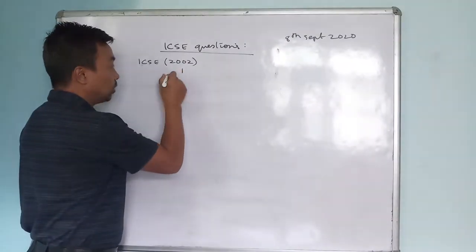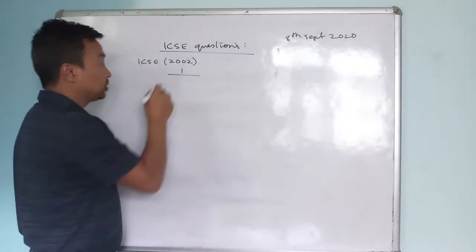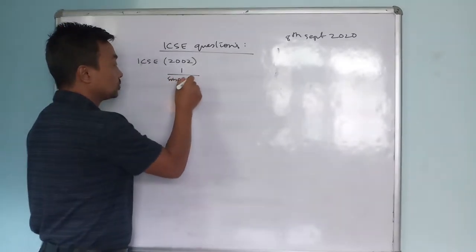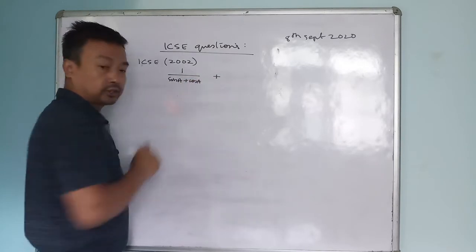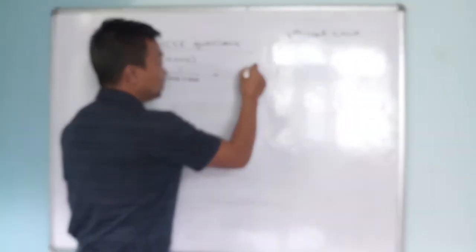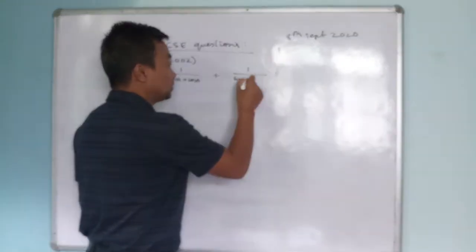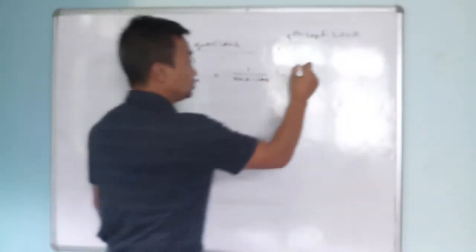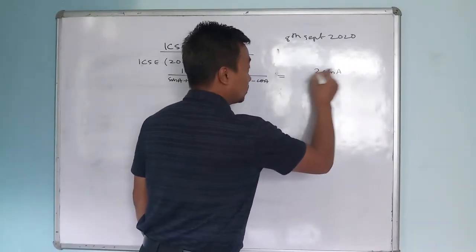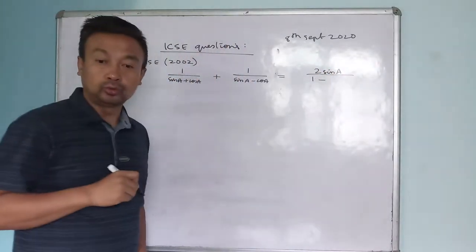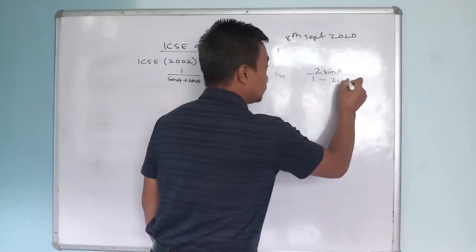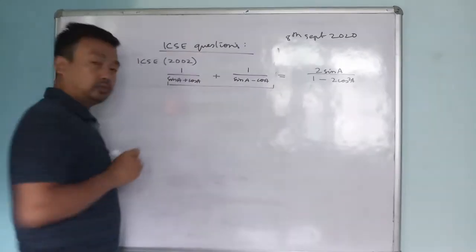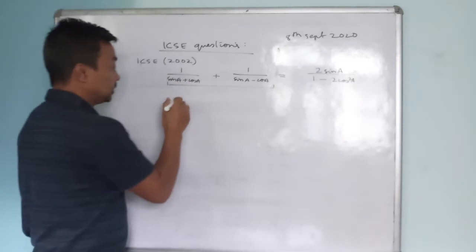It is like this: 1 upon sine A plus cos A, plus another trigonometric ratio is given like this: 1 upon sine A minus cos A, equals to, the right hand side we have got is 2 sine A upon 1 minus 2 cos square A. This is your left hand side. So let us solve by taking the left hand side.